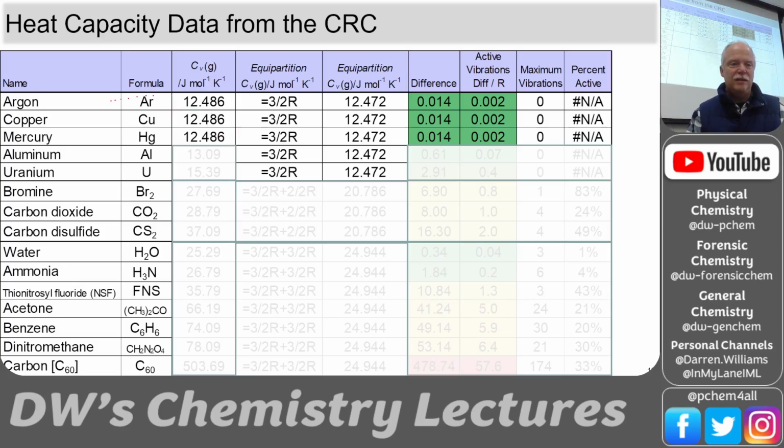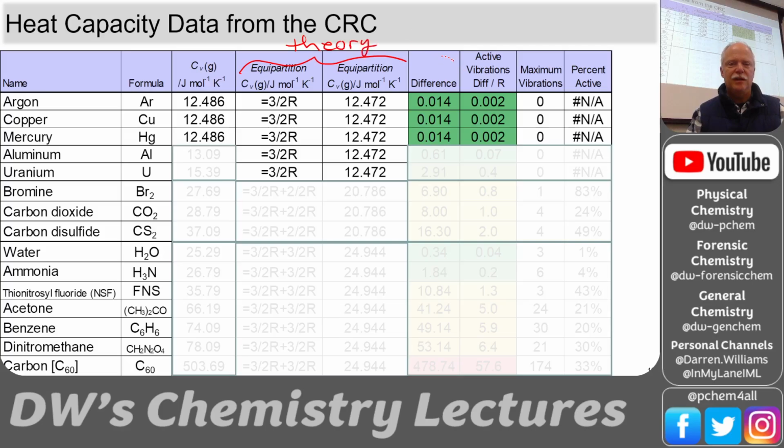So anyway, this is gaseous argon, a gaseous copper atom, a gaseous mercury atom. Those are all 12.486, 3/2 R in terms of their heat capacity. It's weird. I don't know why aluminum is 13, but let's go on over here. So 3/2 R is the theoretical, or theory.